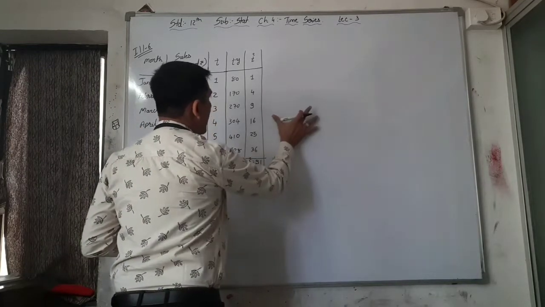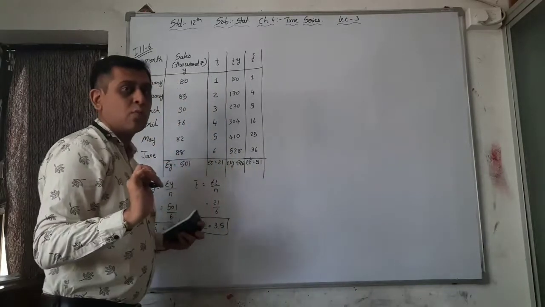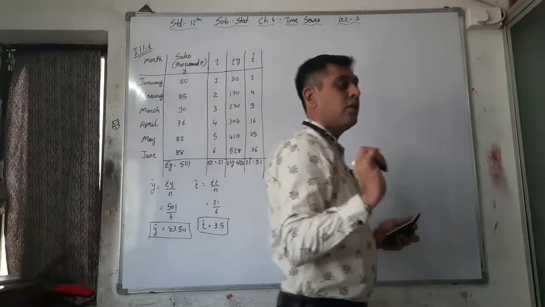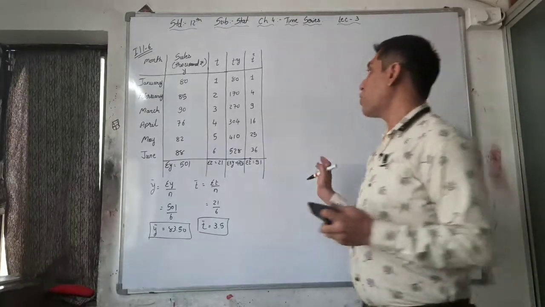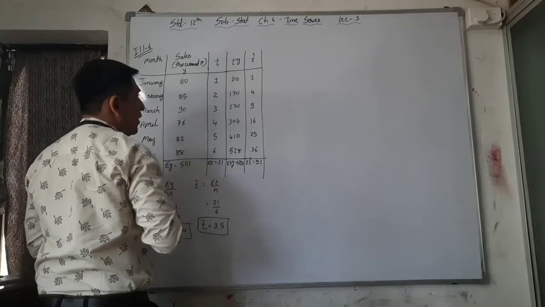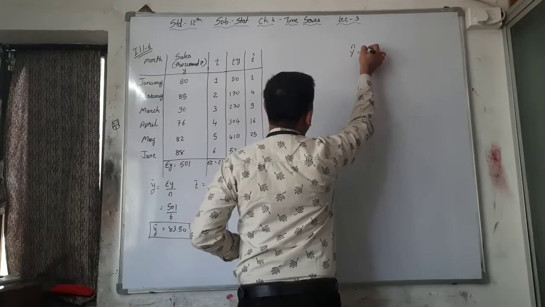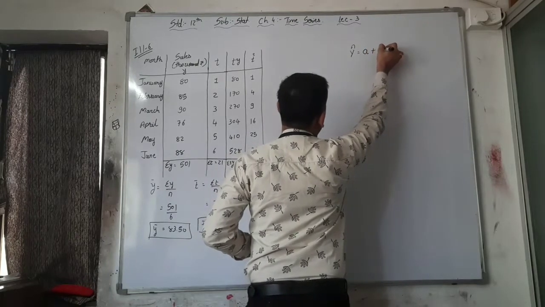We are leaving some space for trend value because the question is to fit the trend. Then what is the formula for that? Here we write y cap is equal to a plus b t.